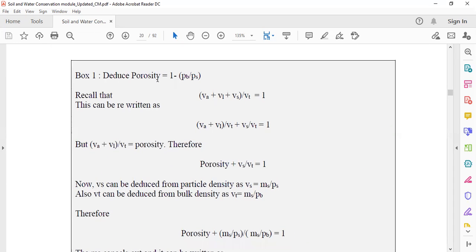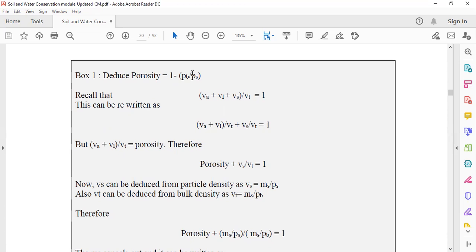So you remember we said that porosity can be calculated as 1 minus bulk density over particle density. You understood why porosity came to this formula.